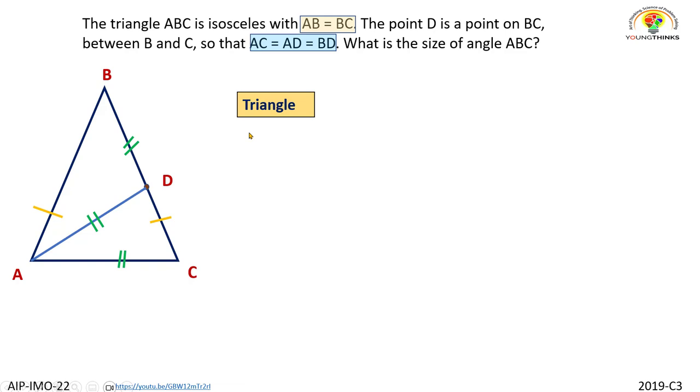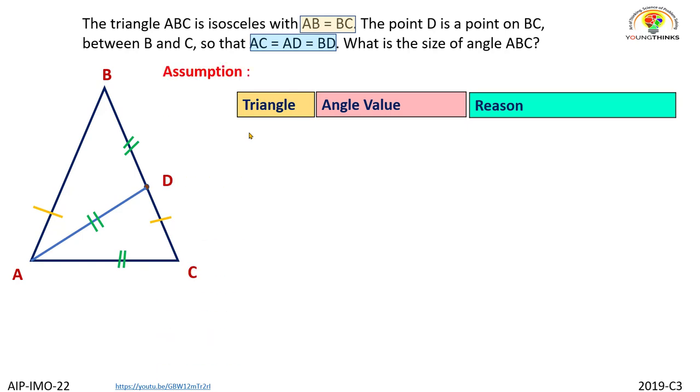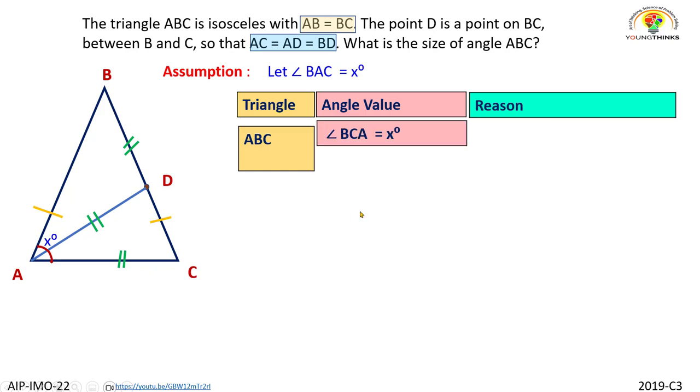Okay, so now in this triangle, we'll make a table: the triangle, the angle value, and the reason. Let's assume that BAC is x degrees. Looking at triangle ABC, because these two sides are equal and this angle is x, angle BCA is also going to be equal to x.